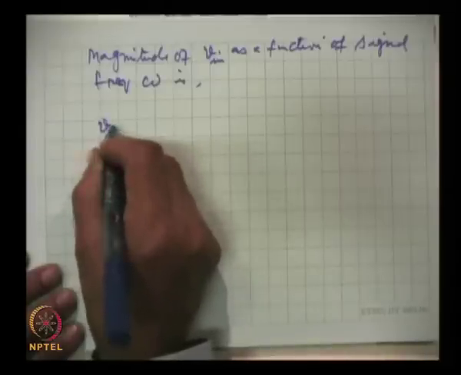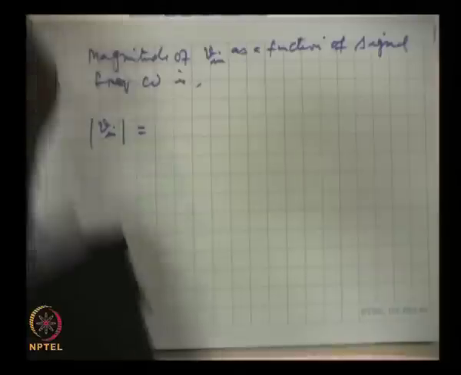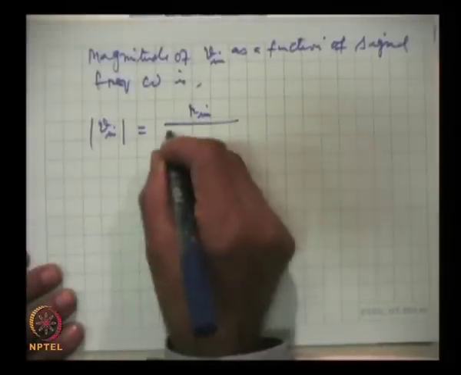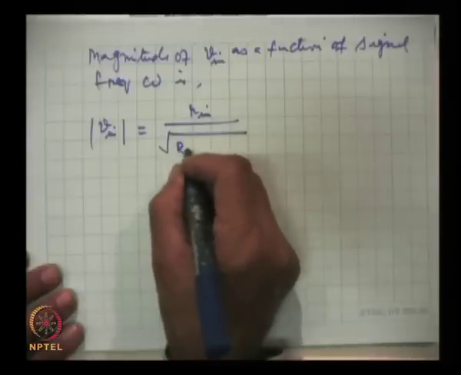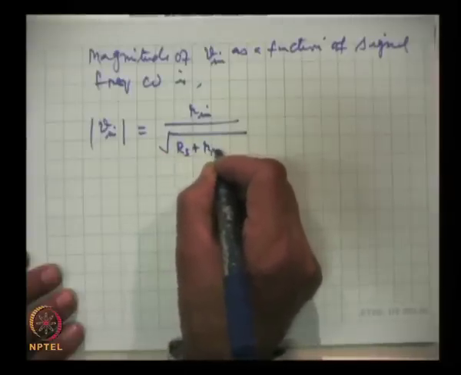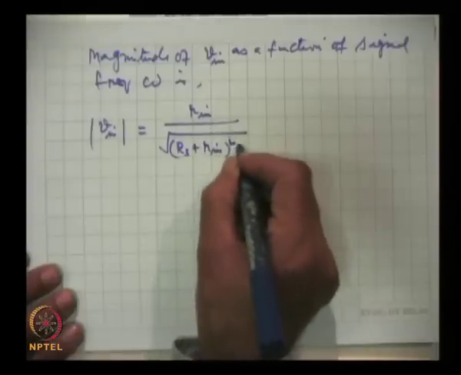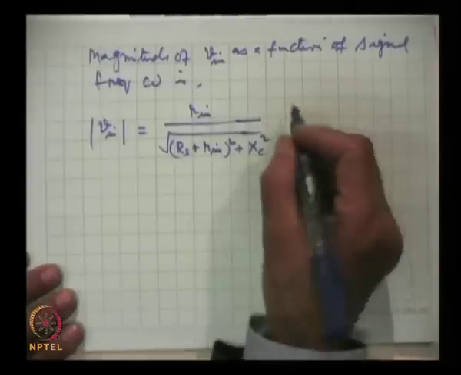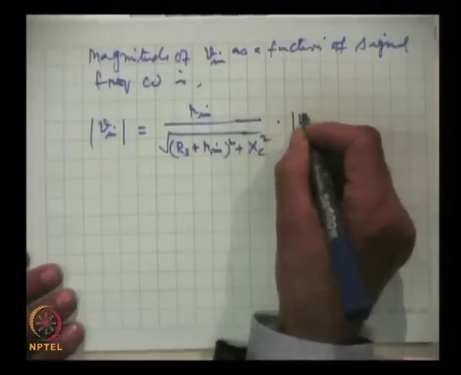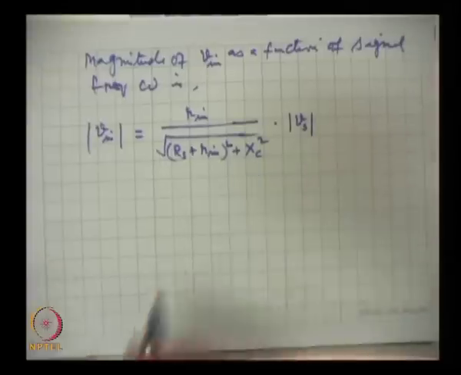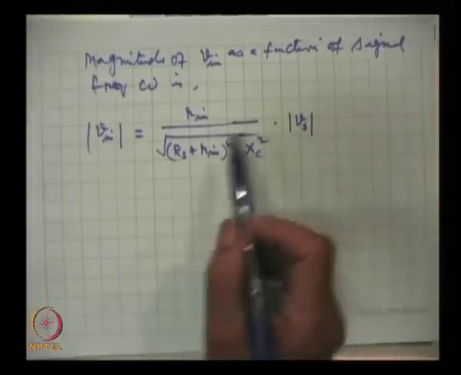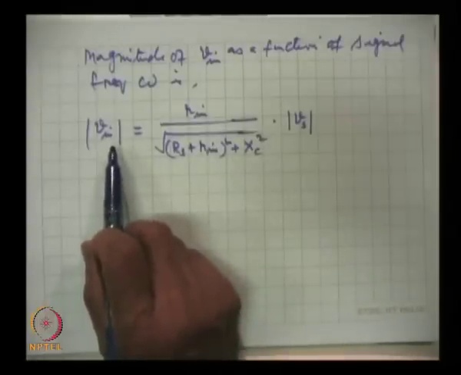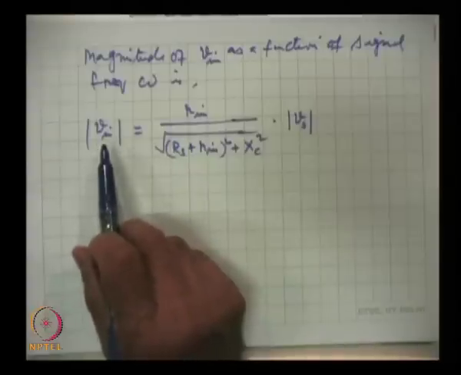The magnitude of Vin, we take the real part of that, and that is Rin over the square root of Rs plus Rin squared plus Xc squared, into Vs. This is the magnitude of the signal which is going into the amplifier.